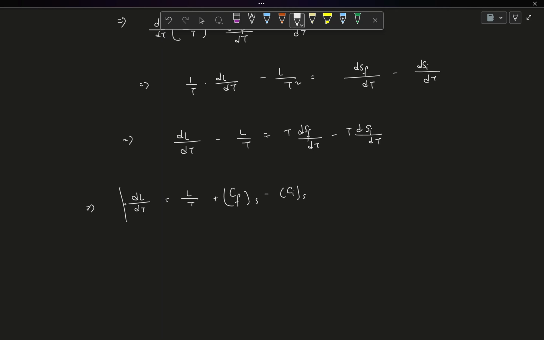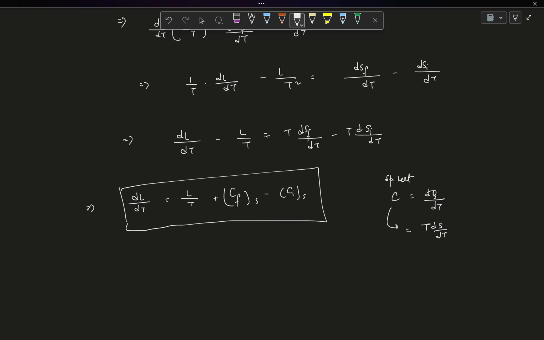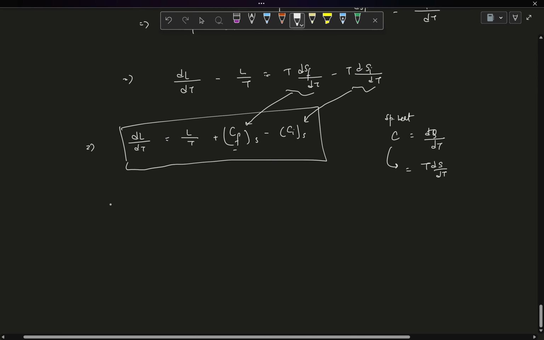This is how specific heat is defined, because you know that specific heat is the rate of change, how much heat is needed for a certain unit change in temperature. So this is dQ/dT in simple terms. This is the specific heat given by C. And you know that dQ is simply TdS, so this becomes TdS by dT. Okay, so this is your idea of specific heat, and in this case this is the final state specific heat corresponding to this part, and this is the initial state specific heat corresponding to this part, right? So then your main equation becomes dL/dT equal to this thing.